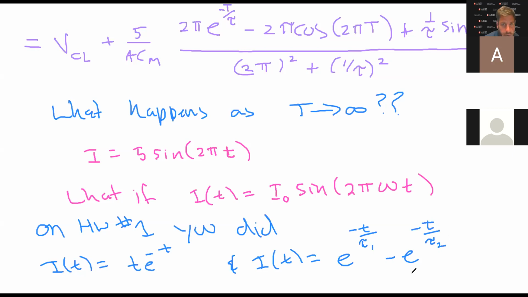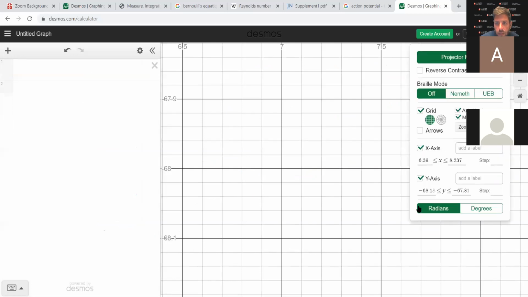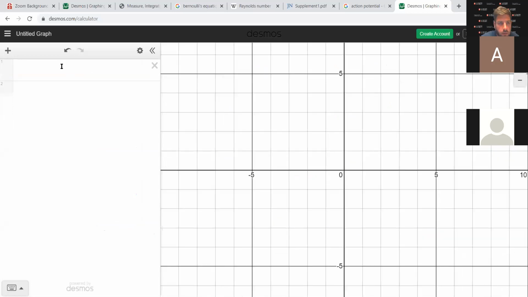Now, if you look at those graphs, you might say, okay, what kind of currents are these? Well, let's go graph them. Let's think about what kind of injection this might resemble. So if I go back to sharing you the Desmos, let's graph this old friend from calculus, y equals x e to the negative x.